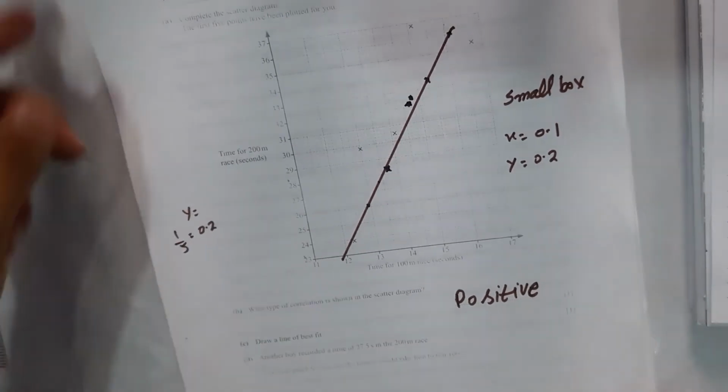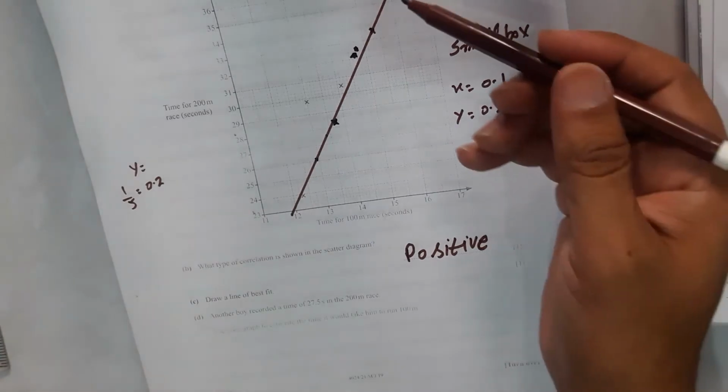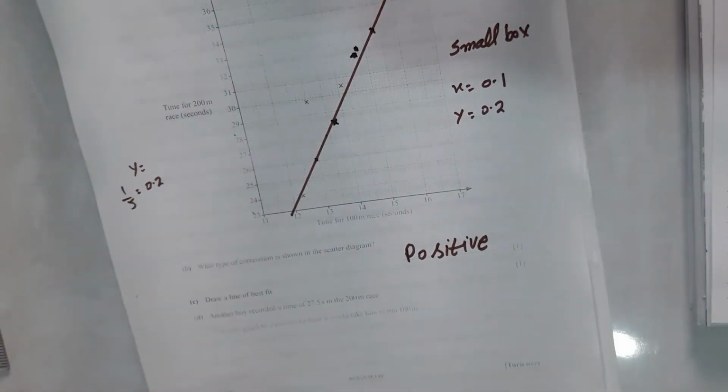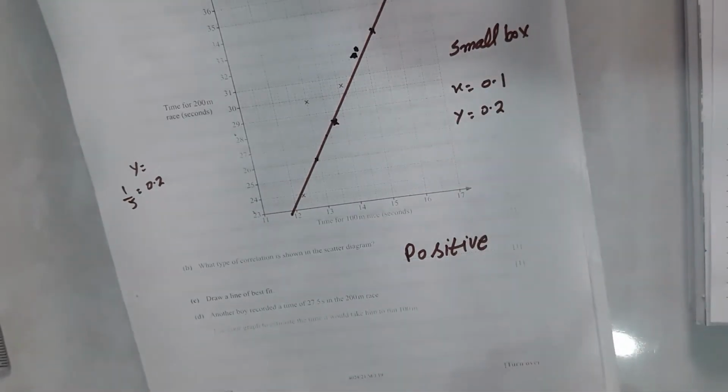Now we have to draw a line of best fit. I have drawn it for you. The line of best fit is the line which covers almost all the points, the maximum number of points. The number of points above and below will also be equal.